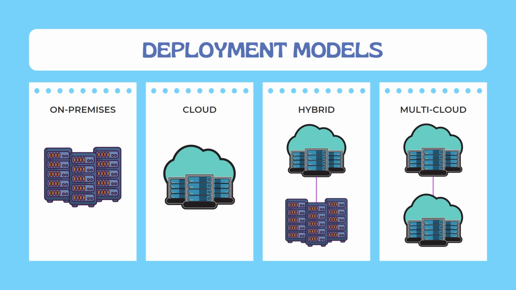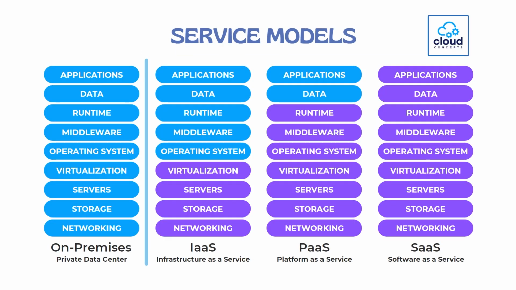So now let's talk about service models. When we talk about our data center, there's a lot that we have to manage, right? We have to take care of networking, storage, our servers. And then if you're virtualizing and creating virtual machines in your environment, you would have to manage that. You would have to patch your operating systems, your middleware. So let's say you're running some type of web server, you have to keep that updated.